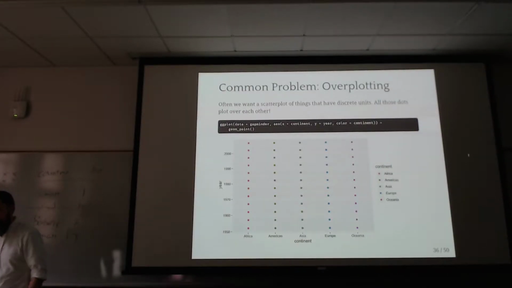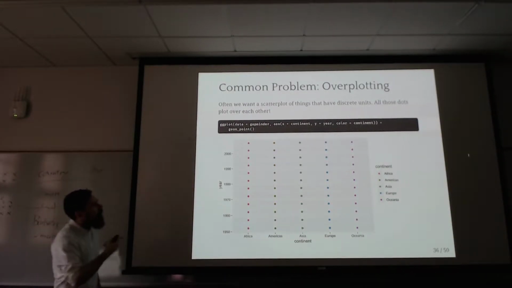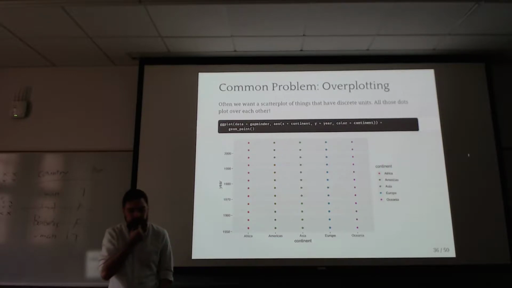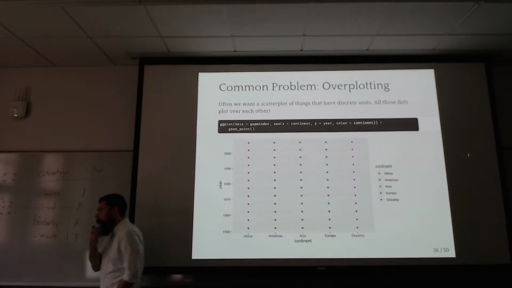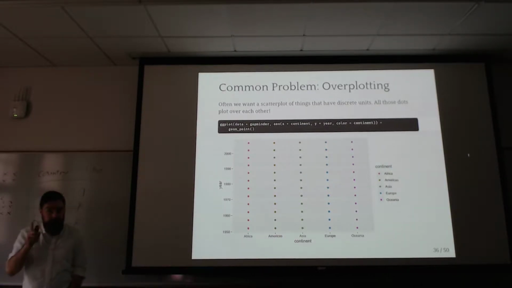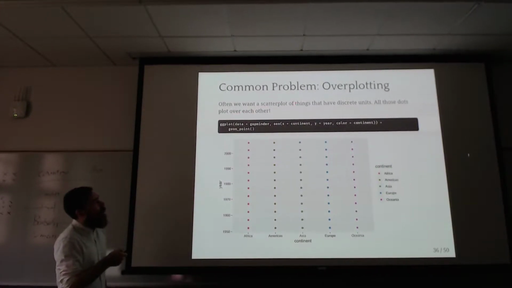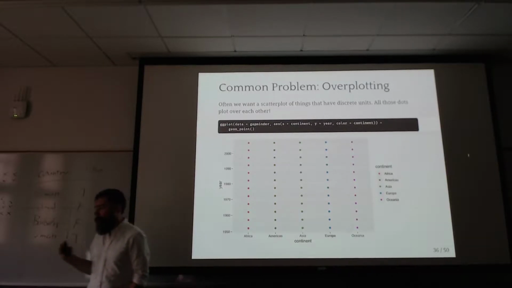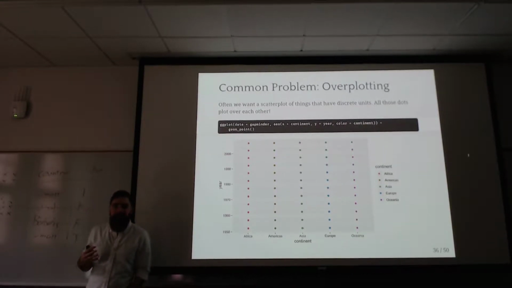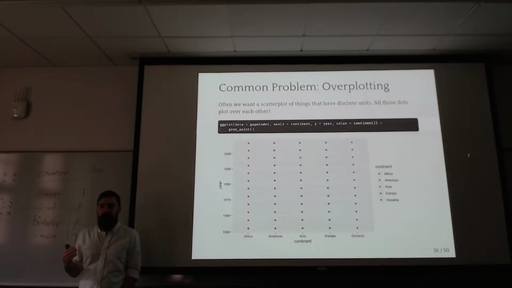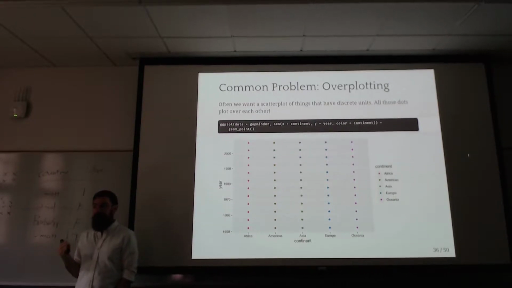Okay, so here's a nice little trick that is probably going to be useful to only a few people in the room, but it's important that people know you can do this sort of thing. Sometimes you want to do a scatter plot of things that have discrete units. The problem is if everything has a discrete unit, all of the dots are going to be right on top of each other because all those observations have the exact same coordinates.